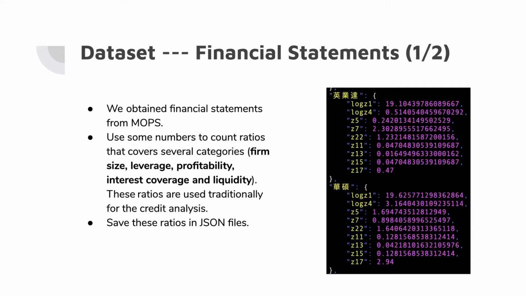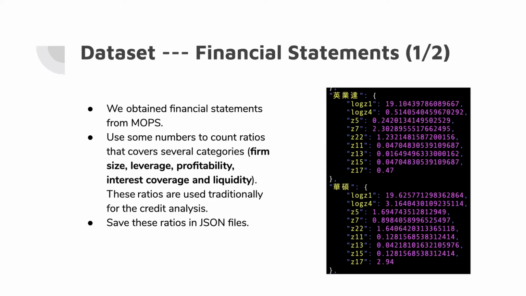We look into four categories. The first one is the firm size, and then the leverage, the profitability, the interest coverage and liquidity. The reason that we focus on these categories is because they are all related to how well the company can pay the money back.